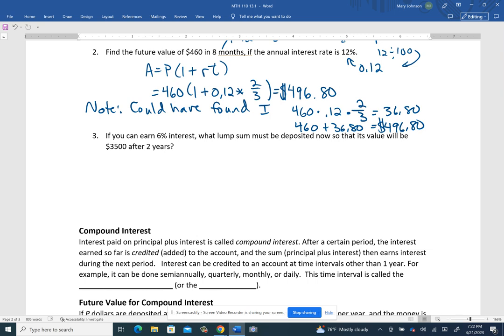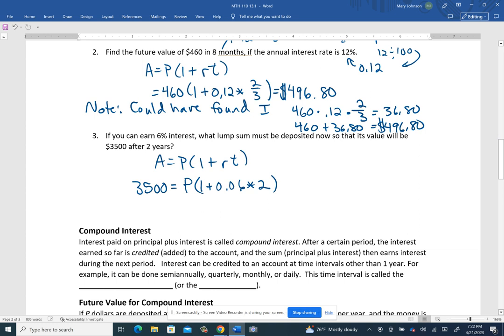So the $3,500 is not the principal, it's the future value. It's what I'm going to have in the long run. So when we're thinking about that formula, it's pretty clear where the 6 goes, and the time was 2, so I know to do that, and that was 1 plus. It's just that we don't know P. We know A is 3,500, the future value. We want to know what the present value would be.